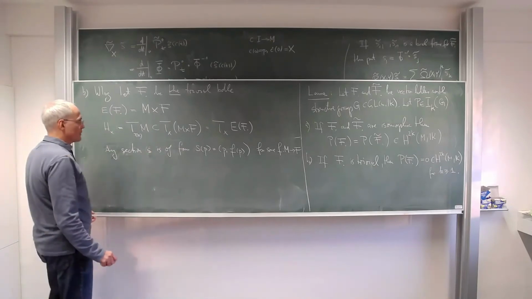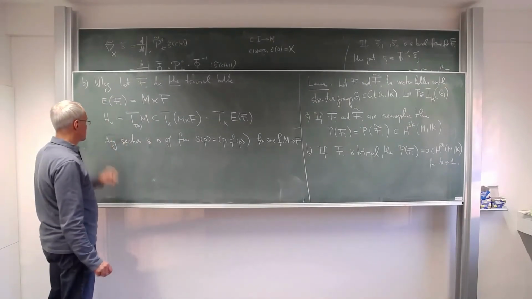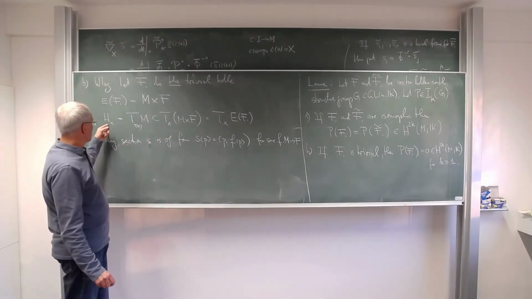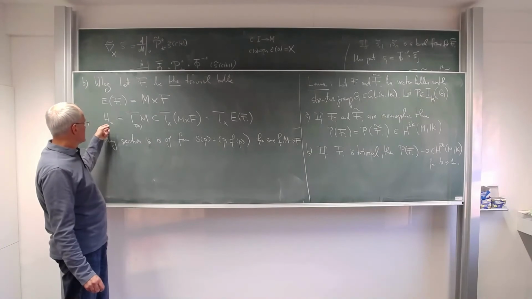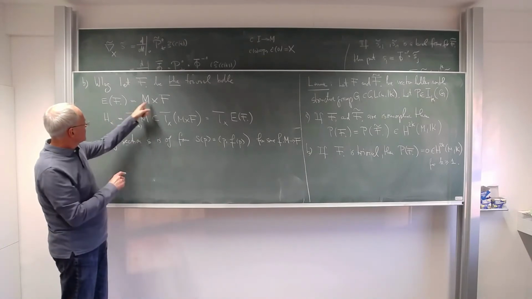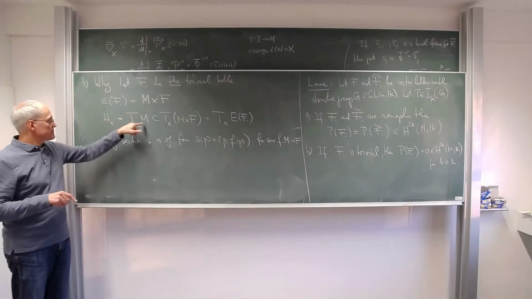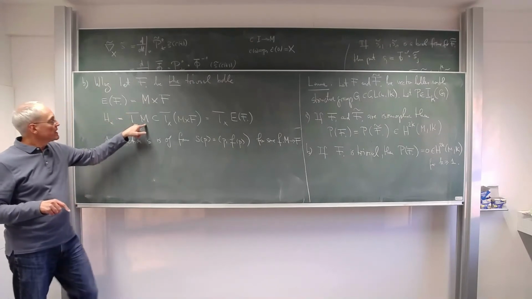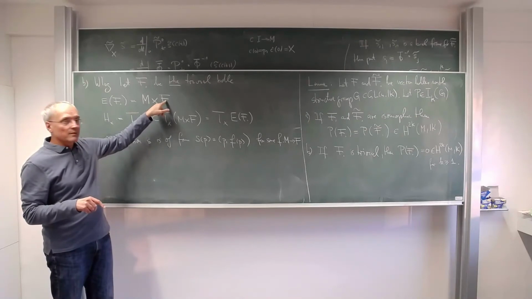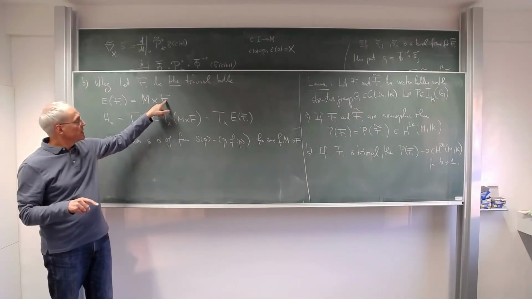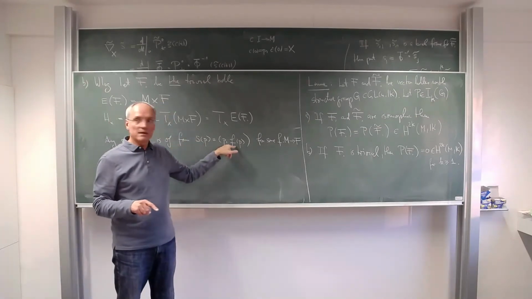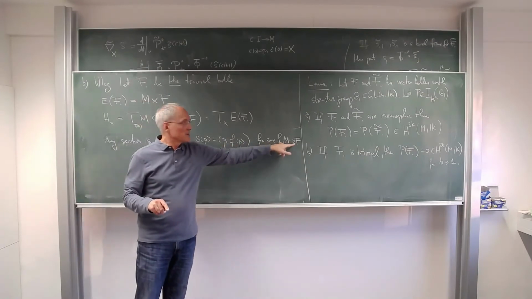And what are parallel curves for this horizontal distribution? Well, if I have a parallel curve in this total space, it means that the derivative must be in H, so it must always be tangential to M. So the derivative cannot have a part in F. That means the F part cannot have a derivative, the derivative must be 0. So in other words, this function here must be constant.